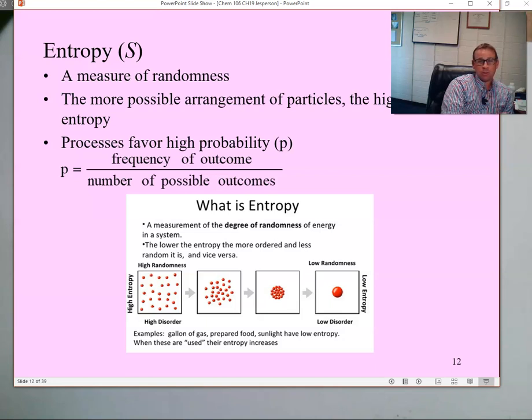We measure it from 0 up to a very high number, as high as you want to go. Kelvin, again, 0 means no motion, and 0 entropy means no motion, perfect order. So these measurements of entropy are all relative to each other. But as you get more entropically random or disordered, you have a higher entropy value, higher S value.